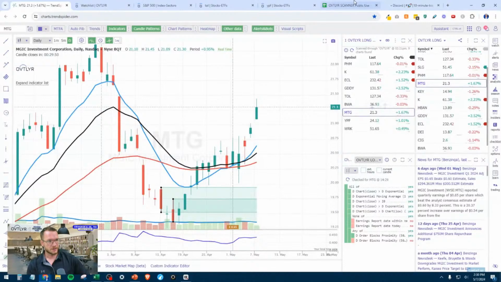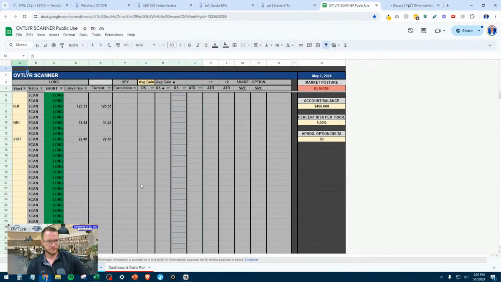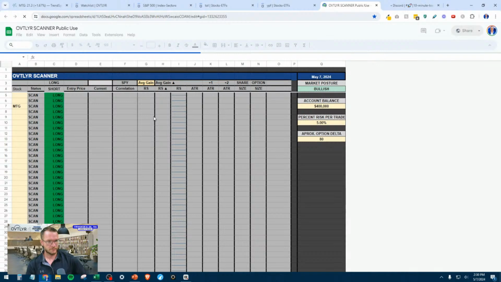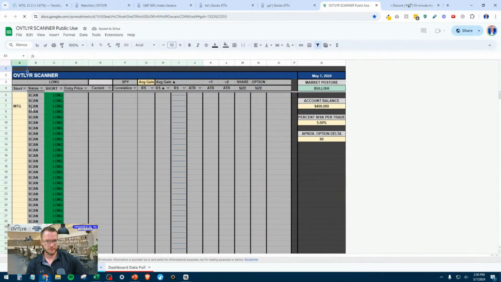All right. So like I say, you want to update and get the right position size. So let me type in MTG. Looks like I need to refresh the page. Now let's just see what pulls through. That should tell us our entry price and everything, and then we'll know how many to get. All right.